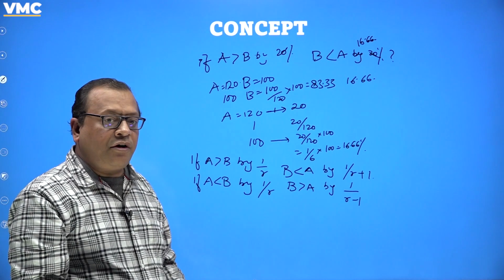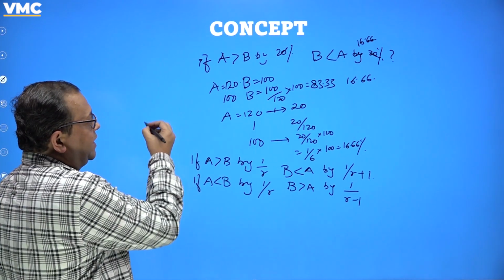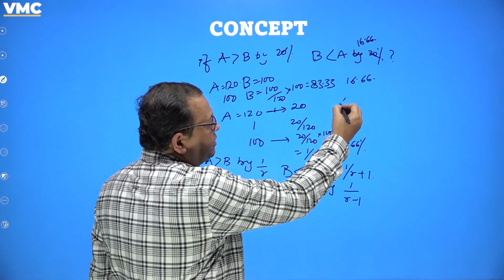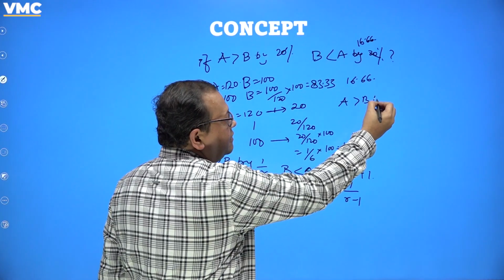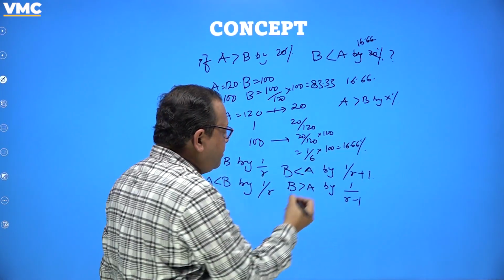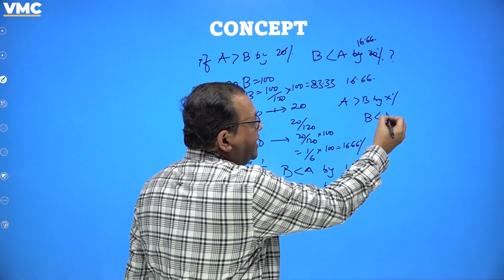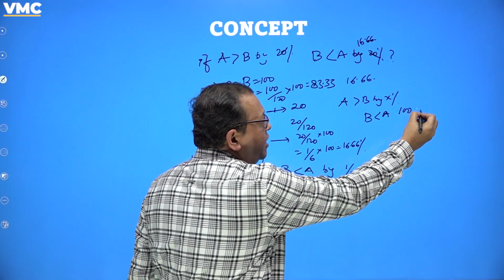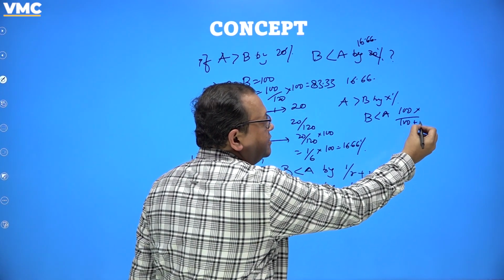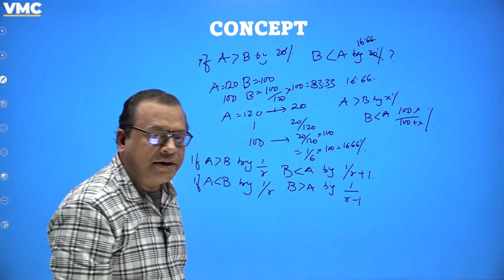Now, if you want to convert it to percentage, if I say A is more than B by X%, then I can say B is less than A by 100x/(100+x)%. Right?